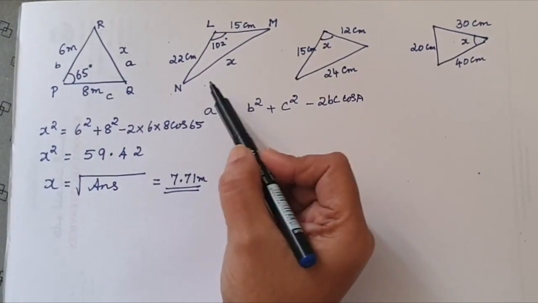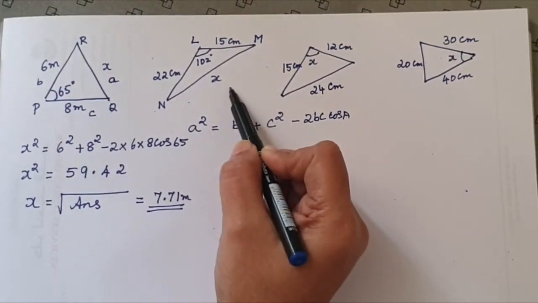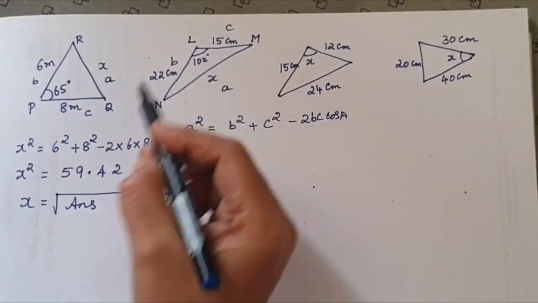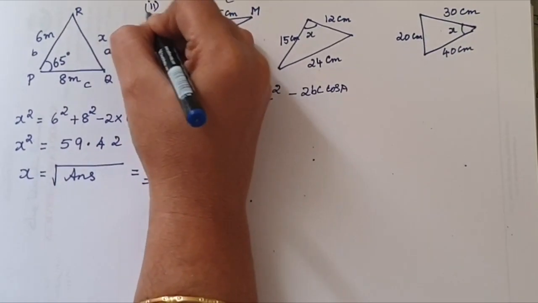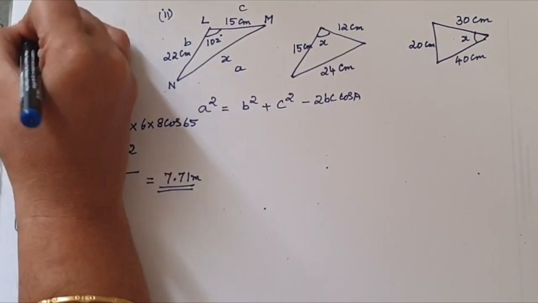Now let us see the same way for this second question. Here the side which we need to find, we take it as a, and this one is b and this one is c. I'll write the answer for the second question over here. This is the first one.